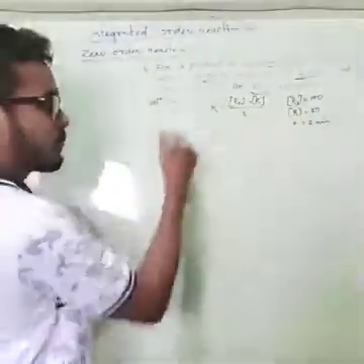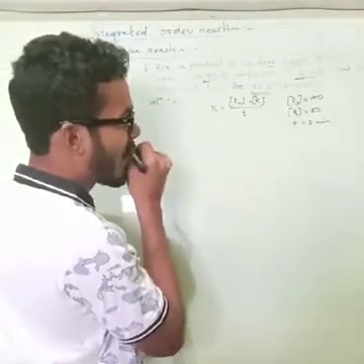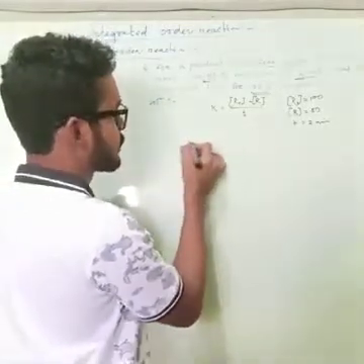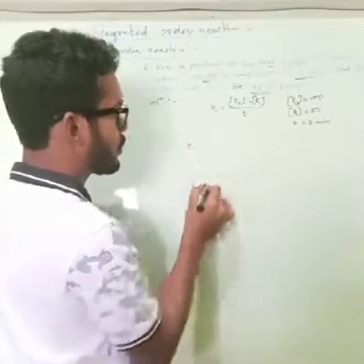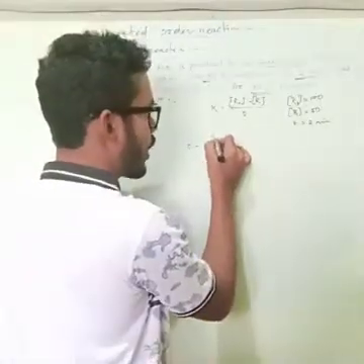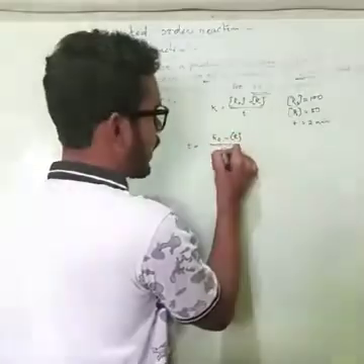So we can put these values into this. What are you getting? t equals R naught minus R by k.